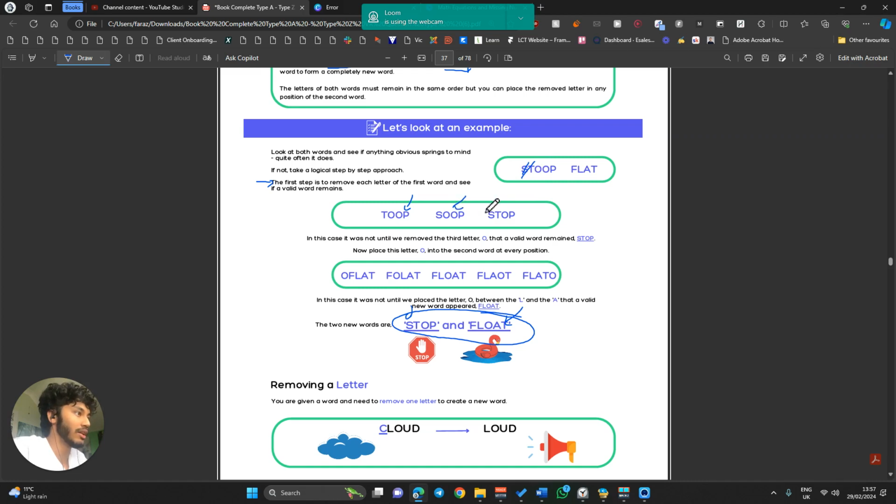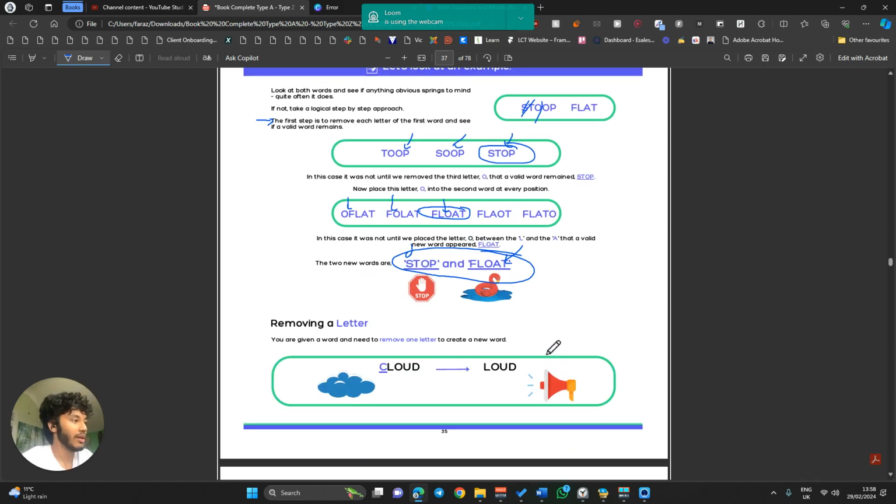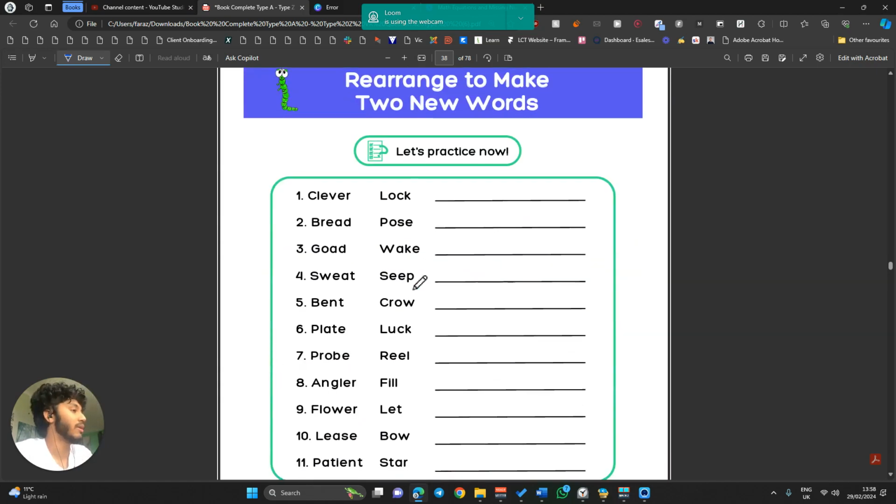It's taken out T and it gave you soop, which isn't the right spelling, and then it took out O and gave you stop, so then you know you've got the right word there, or at least one of the right words that could be used. Then it tries putting O in all of these different options until it got one, which is float, and there you go, stop and float. So that's how they do it. I need to remove one letter to create a new word. Yeah, so this is just how you do the first part of this, and obviously for the second part you need to add one.